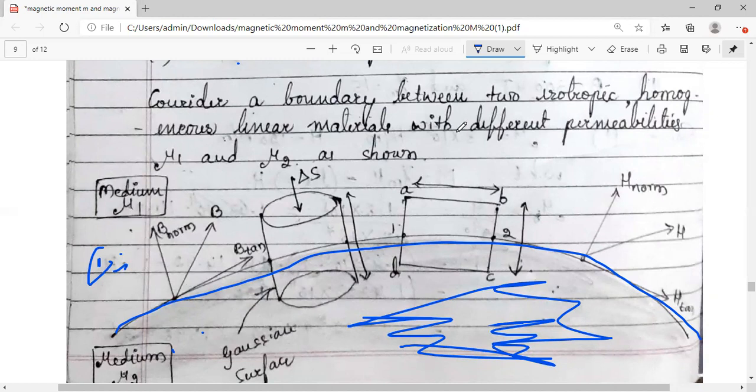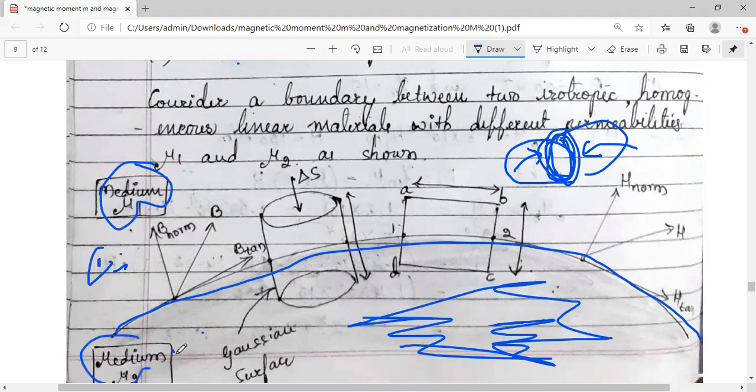Where two different things are joined, their characteristics differ. At the boundary, obviously the things will change. So this light shade indicates one medium, and this plain white indicates one more medium. mu1 is some medium's permeability and mu2 is some other medium's permeability.